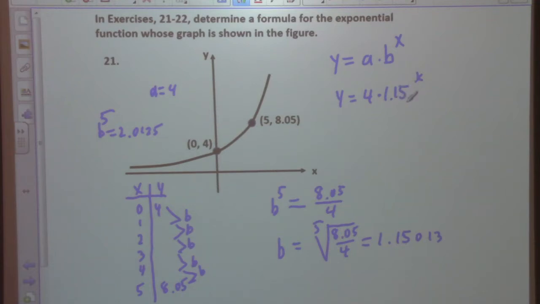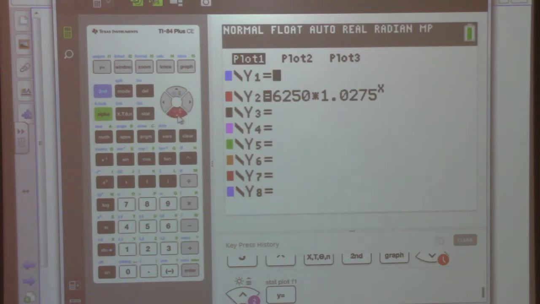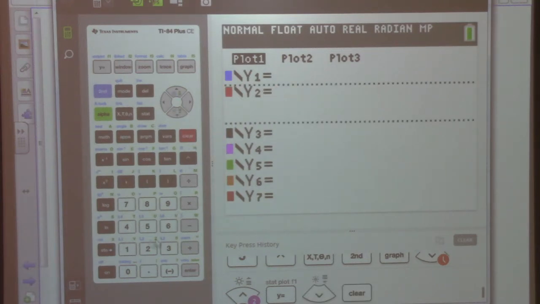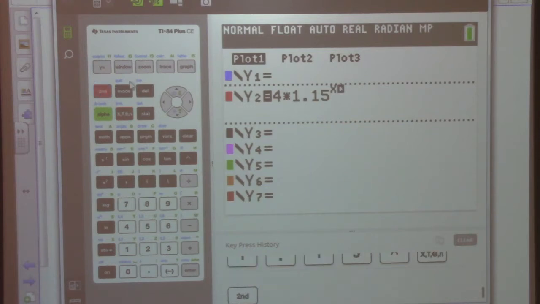And then we can also test with the calculator to see how accurate it is. We should be a little bit short with it. So we have 4 times 1.15 to the power of x, and then we go to table view.